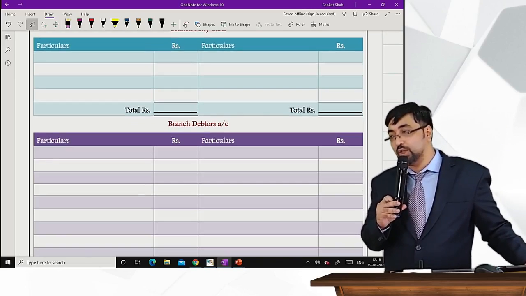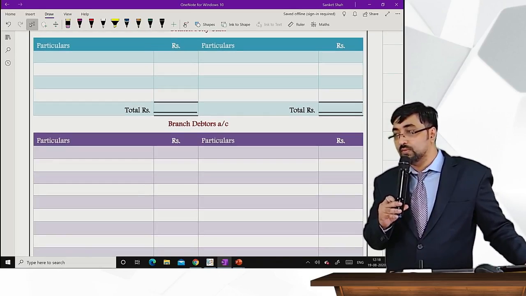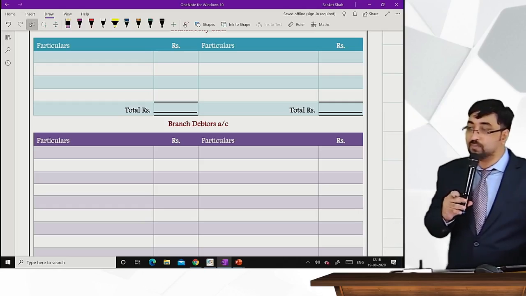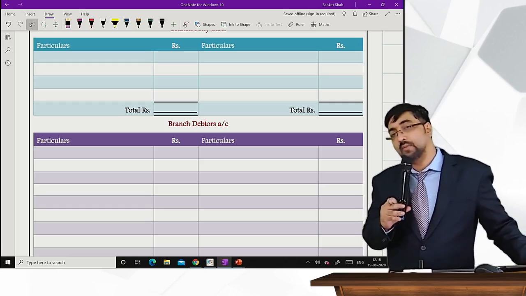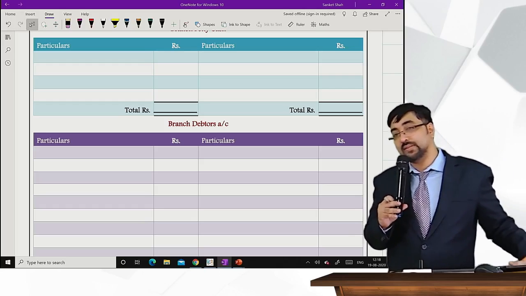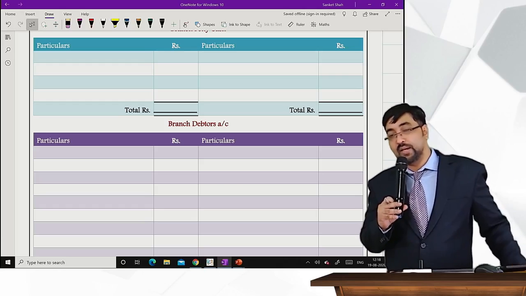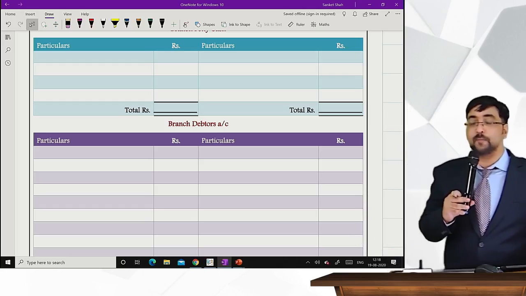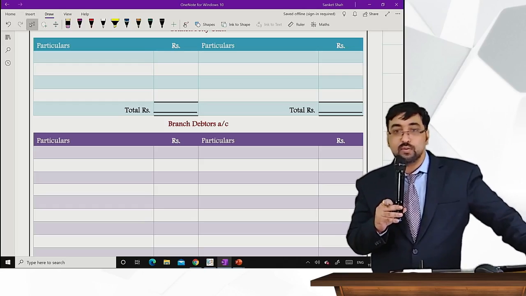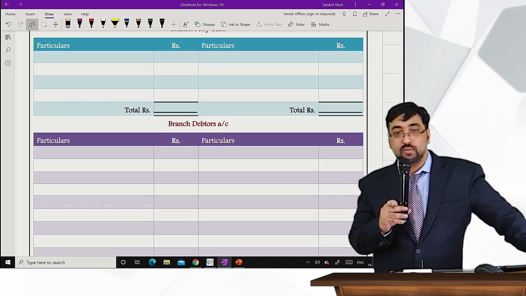Branch petty cash. Then write branch expenses, 6 to 7 lines. Petty cash, 5 lines is sufficient. And the last one is branch P&L account.